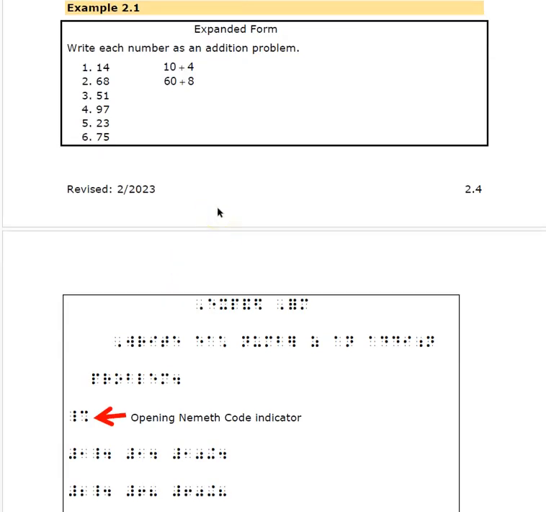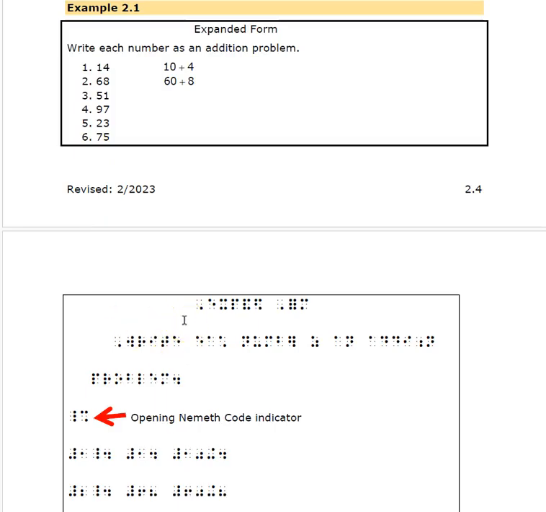Okay, so this says expanded form, write each number as an addition problem, and then number 1 is 14, so they wrote 10 plus 4. Number 2 is 68, so they wrote 60 plus 8. Then they've got number 3 through 6.